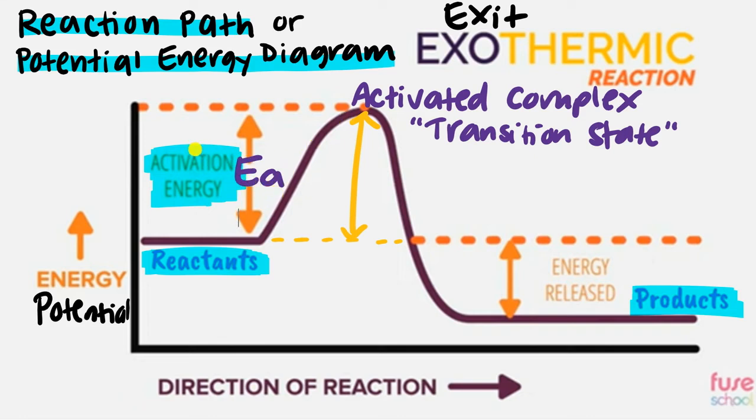And so we're going to actually have to calculate this sometimes by looking at this graph, and the way that you calculate it is that activation energy is equal to the activated complex, which I'm going to abbreviate AC, minus the reactants.